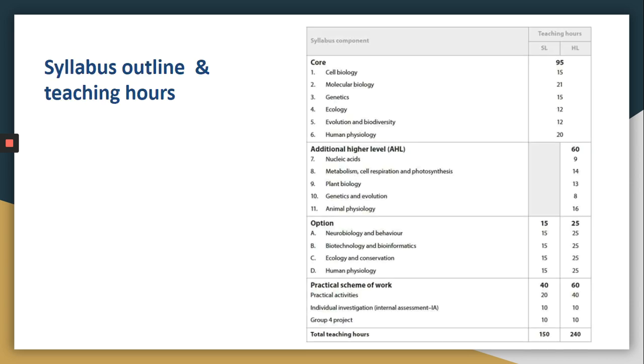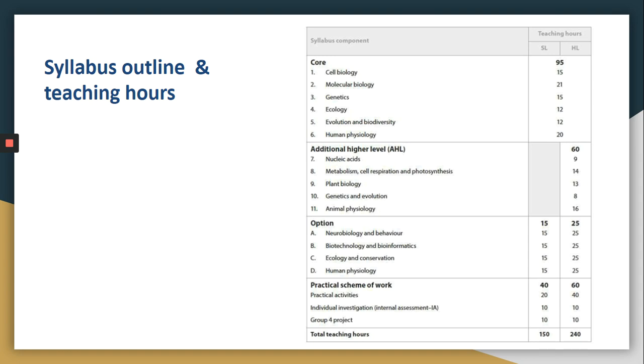Well, the syllabus outline and teaching hours. This is one of the most important parts regarding what you should know. There is a core part that includes 6 chapters: cell biology, molecular biology, genetics, ecology, evolution and biodiversity, and human physiology.